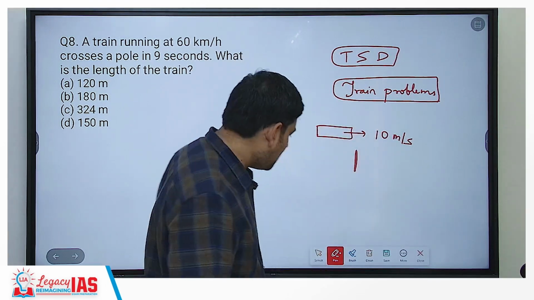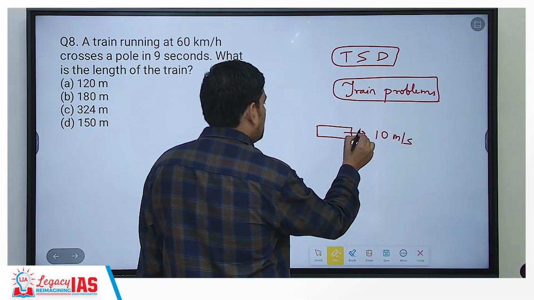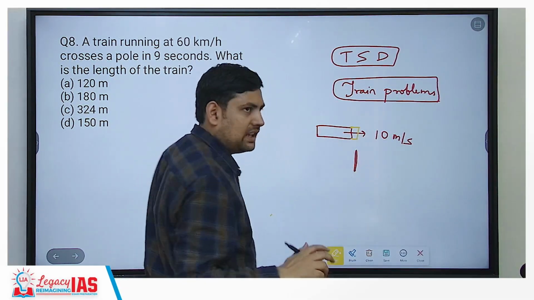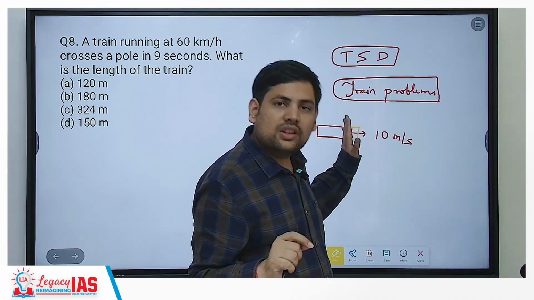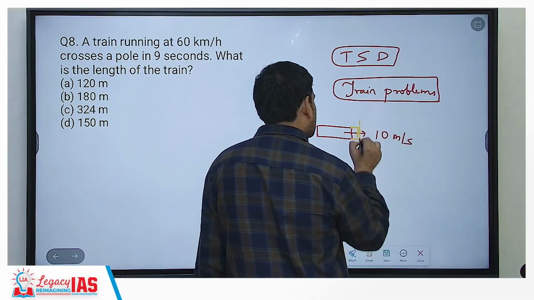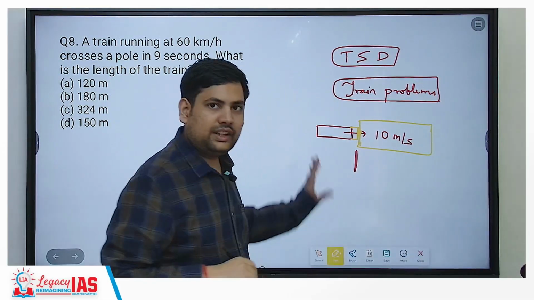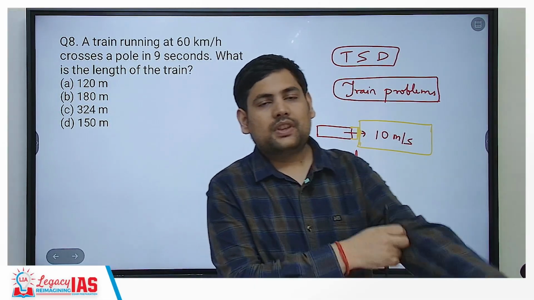Crossing the pole means what? When the initial part of the train reaches here, that is when you start to count, the train is crossing a pole. Now when do you consider the train has crossed the pole? When it has completely crossed it, that is, when the end point of the train crosses the pole.